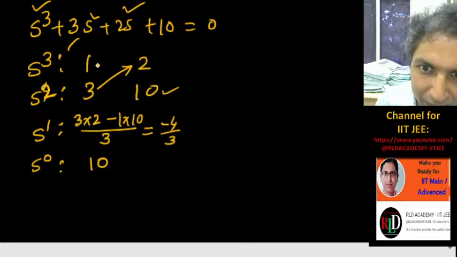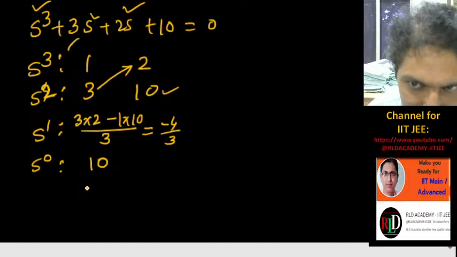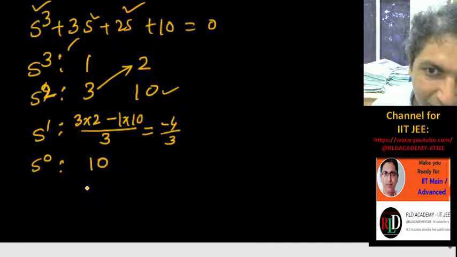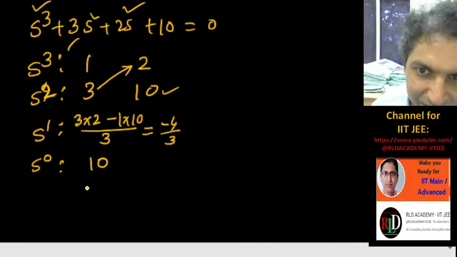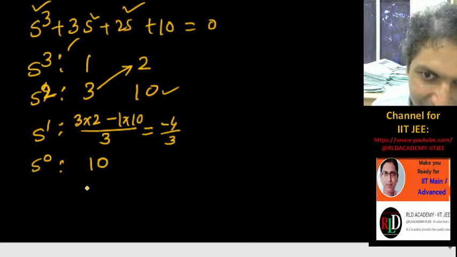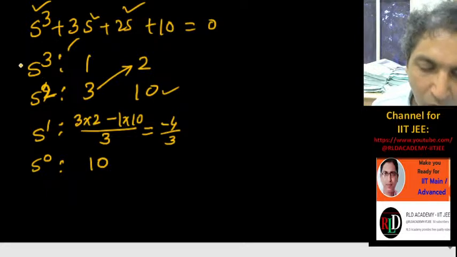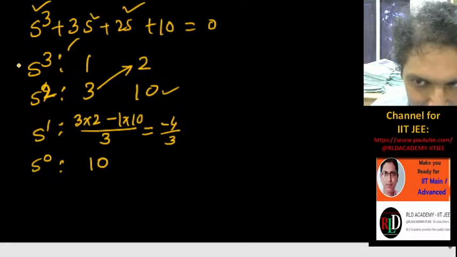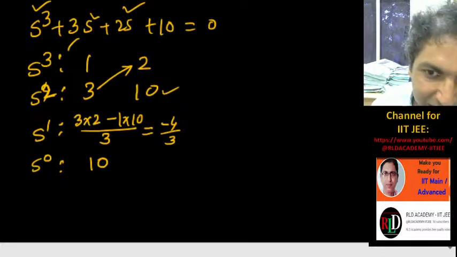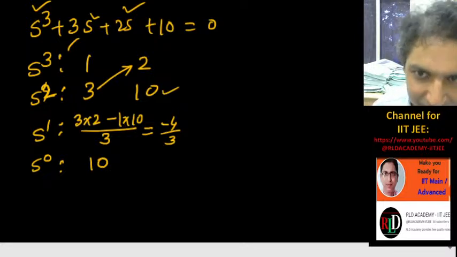Now we need to check the first column of this Routh-Hurwitz table, and if you find all the elements have the same sign, then there is no pole on the right hand side of the S-plane. But if there is any sign change, the number of sign changes will give you the number of poles on the right hand side.